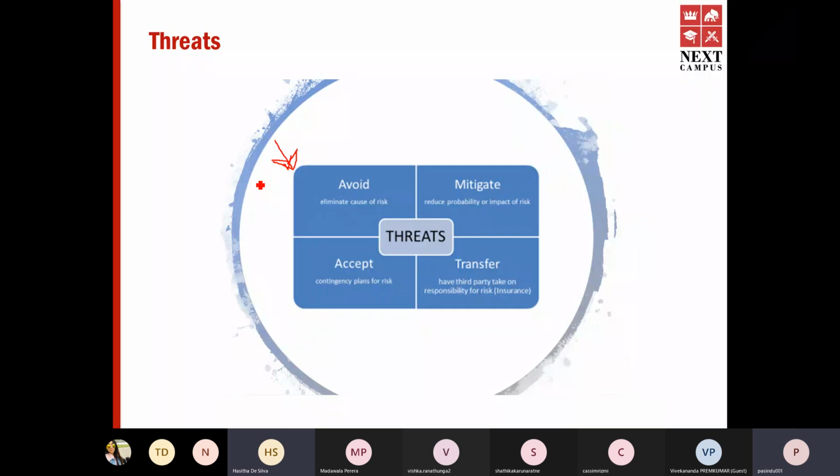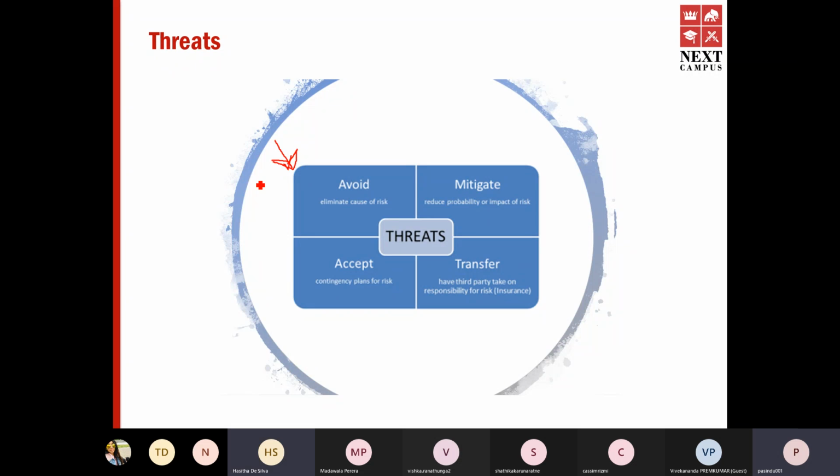In order to respond to this negative threat, there are 4 ways. One is avoiding. In order to avoid that risk, you would park the car in the garage and you would use public transport or you would walk. How would you mitigate the risk?